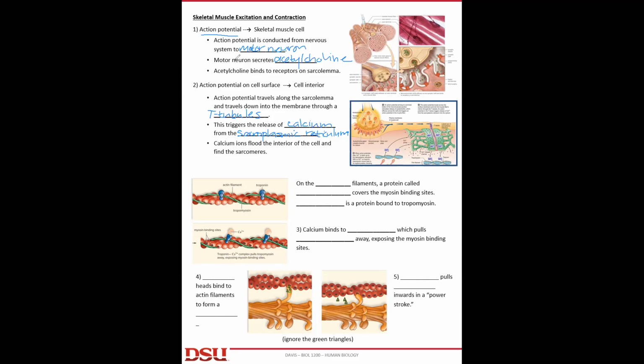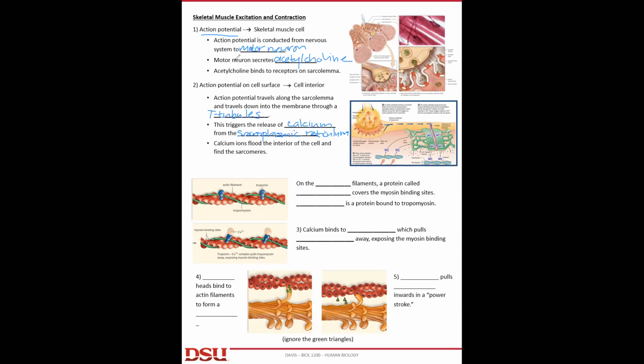Once it binds to that part of the sarcolemma, the action potential then is taken into the cell via the T-tubules. The presence of that action potential in the cell triggers the release of calcium. That calcium has been stored by the sarcoplasmic reticulum, and the sarcoplasmic reticulum is the one that will release the calcium.